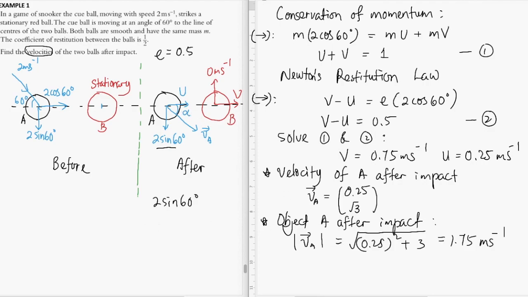So alpha is given as the arctangent of the vertical component, root 3, divided by 0.25.